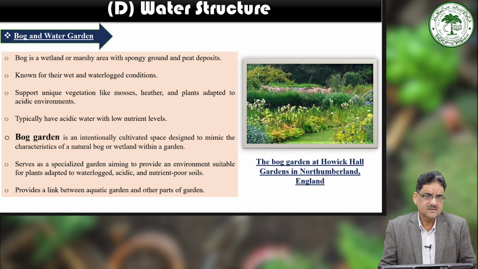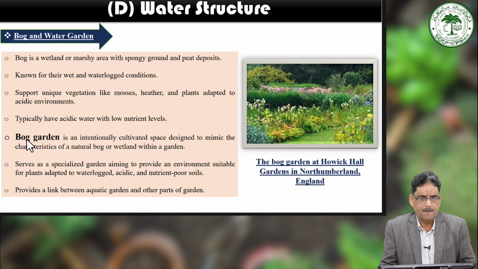A bog garden is an intentionally cultivated space designed to mimic the characteristics of a natural bog or wetland within a garden.